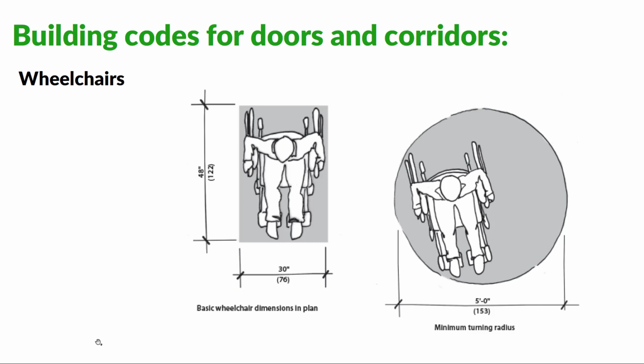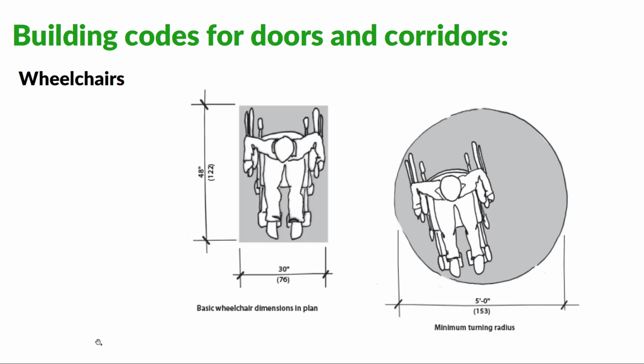So as we're laying out floor plans and thinking about spaces that the public will use, again, possible for hotels, retail, anything like that, we can start thinking about the basic clear space required for a wheelchair and a wheelchair to turn around. So on the left, we see the basic wheelchair dimensions in a plan view.